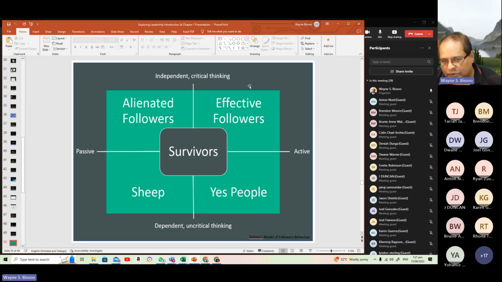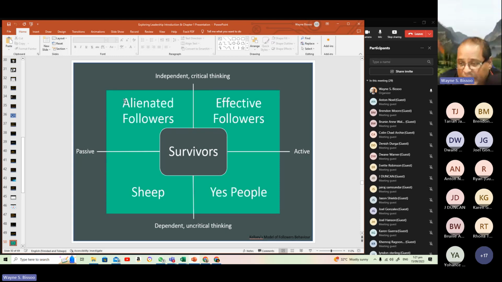You want the majority of your people here. You don't want them to get alienated with you, because it means that you are doing things that are discouraging people, especially your best people, the independent critical thinkers in your group, and causing them to become very passive.